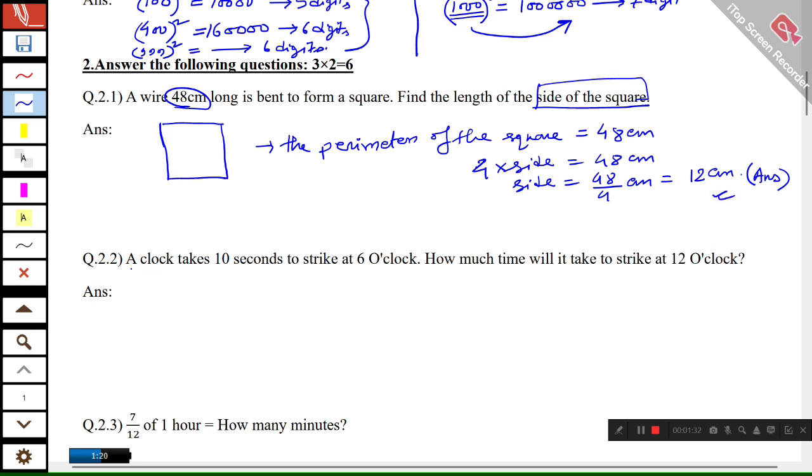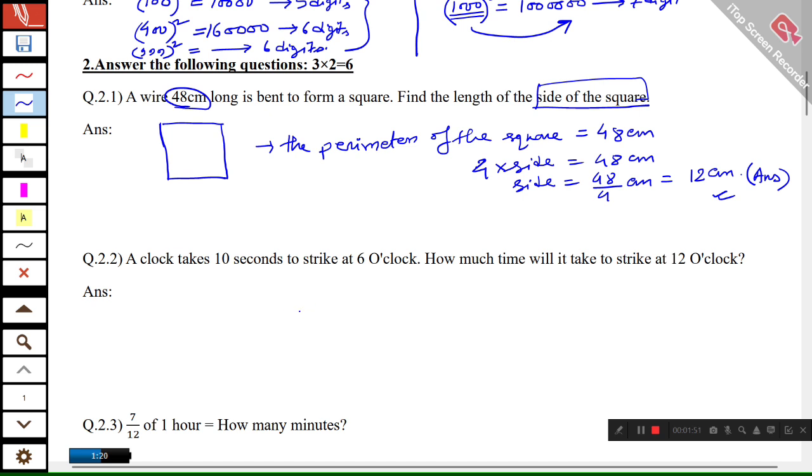Next, a clock takes 10 seconds to strike 6 o'clock. Like there is a clock that sounds dong dong dong. This kind of sound happens when a certain time is reached.